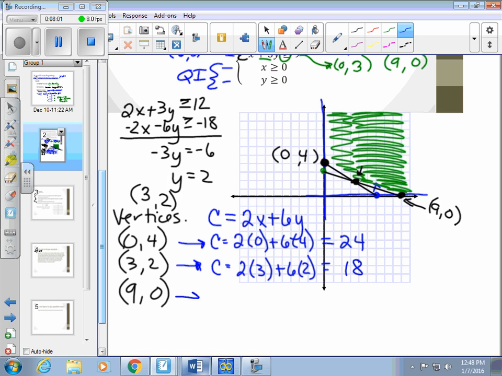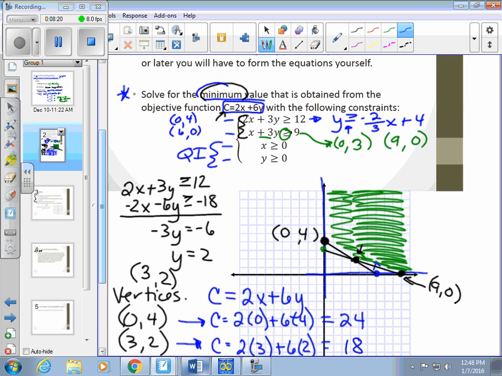The last one, we're plugging it back into our constraint, our C equation. I have 2 times 9 plus 6 times 0. This also gives me a value of 18. So when I look at this, I'm looking for a minimum, because that's what was described to us, a minimum value.